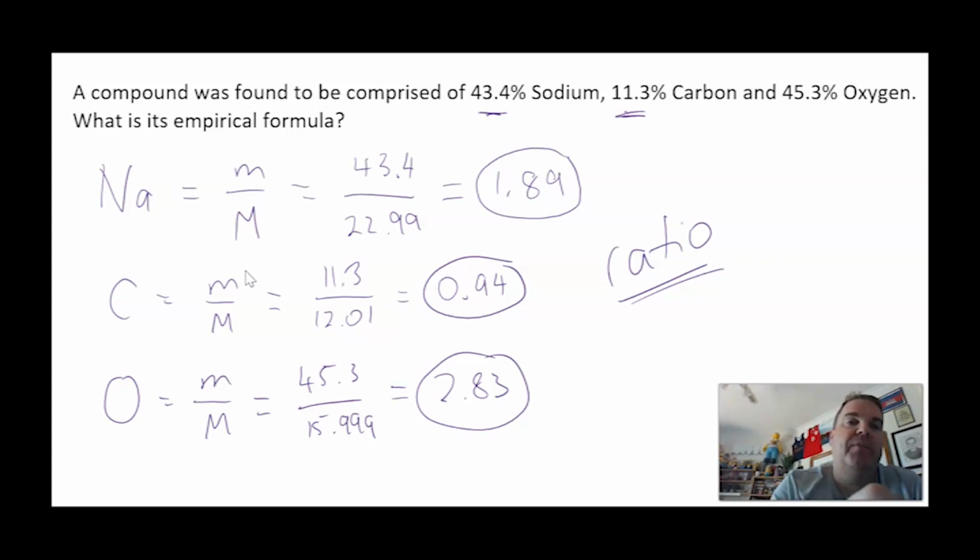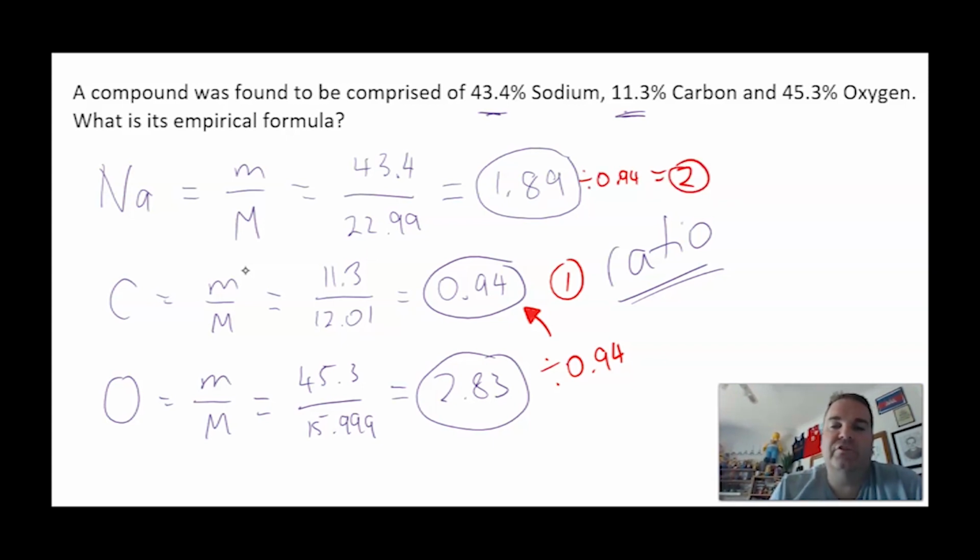So what we can do is we can use these ratios to work out what the full number ratios are. In order to do that, what you do is you choose the lowest value. So here, 0.94 for carbon is the lowest value. So what we're going to do is we're going to divide everything by 0.94. So if we do that for carbon, we'll get a value of 1. If we divide 1.89 up here by 0.94, we get a value of 2.